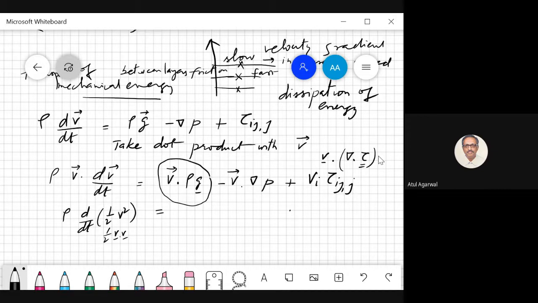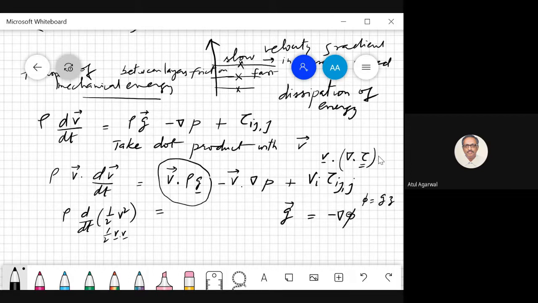Now you can replace G as minus gradient of some potential phi. So this we had done earlier, like phi is equal to Gz, suppose. Then your gradient of phi will become G, and minus gradient will be minus G. So here you have a direction.